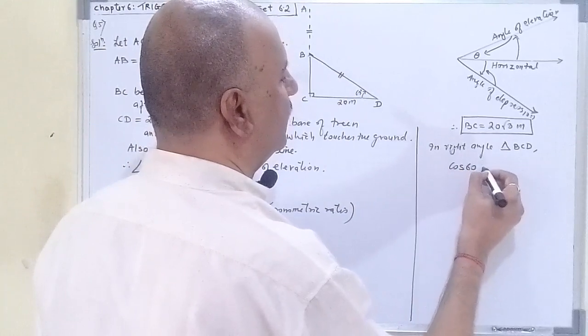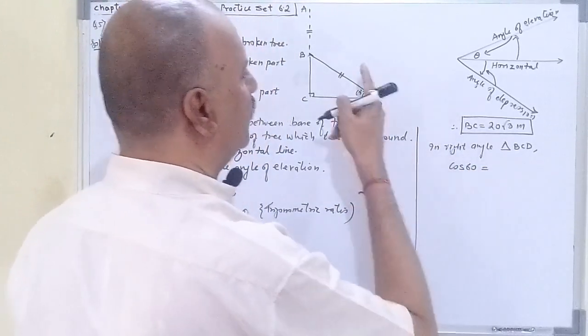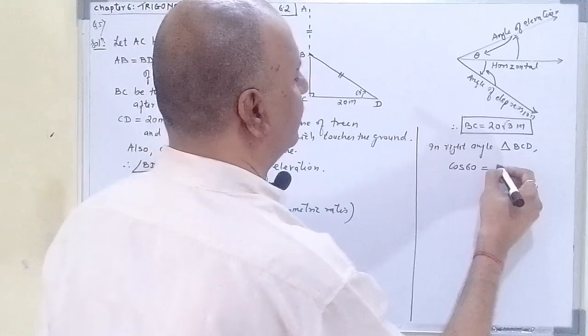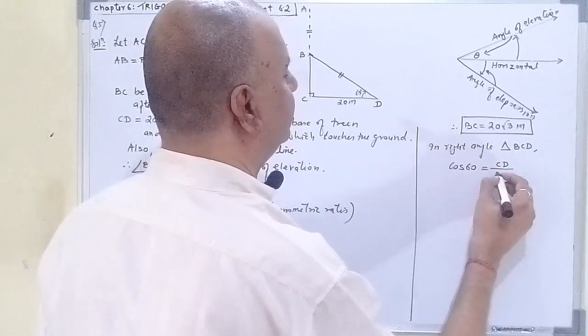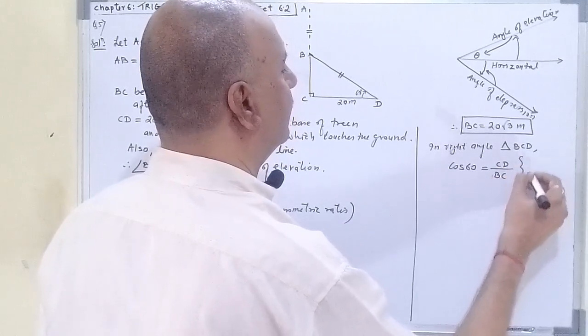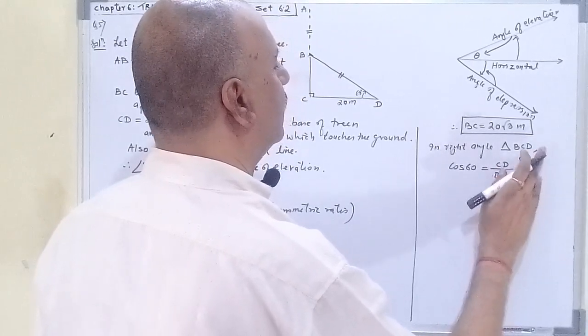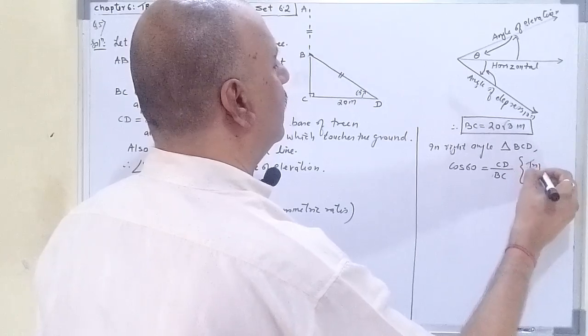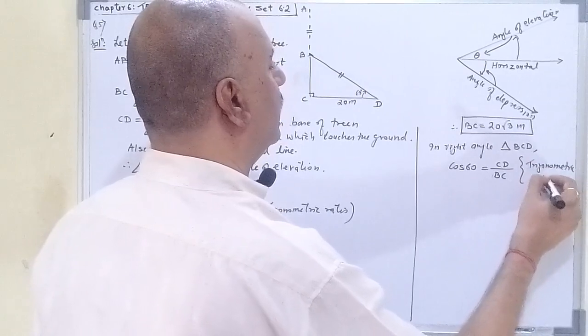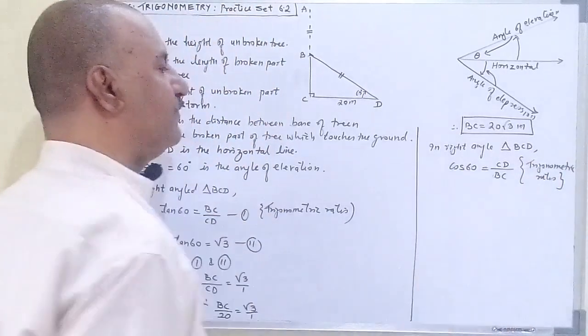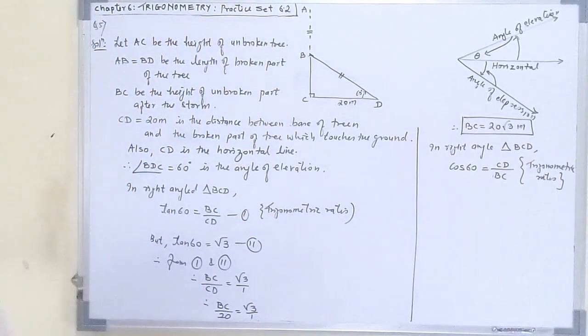Cos 60 is adjacent upon hypotenuse, because we want to find this now. CD upon BD. Ratio. But what is cos 60?